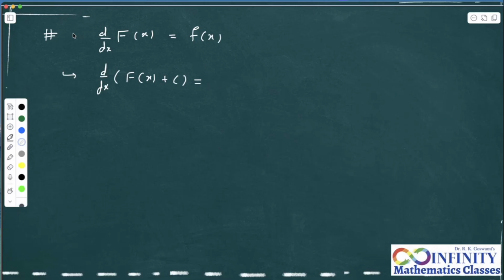This is the information I have given to you: derivative of a function capital F(x) is small f(x). If I differentiate F(x) plus C, where C is a constant, what should be the outcome? Doesn't the C disappear? Yes, C will disappear. So you will be getting f(x) only.